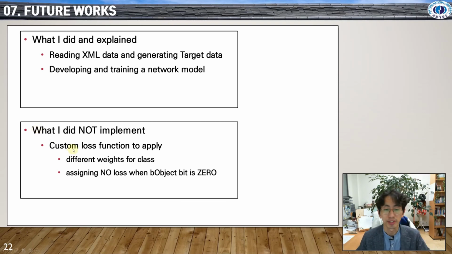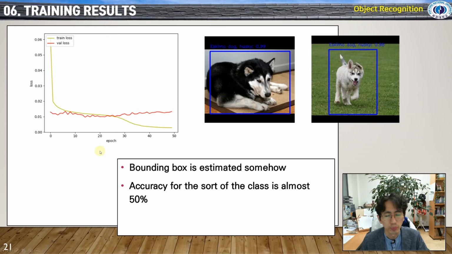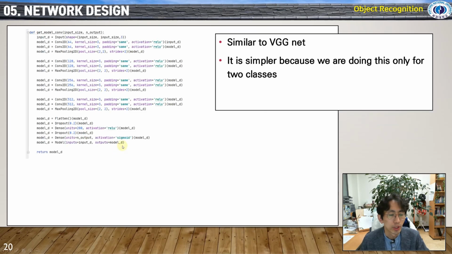Also, one more thing you can try is to use the original GoogleNet, or Darknet or anything, and then just remove the final dense layer and add a new layer.